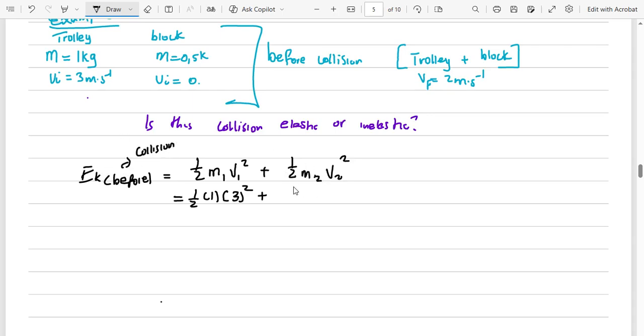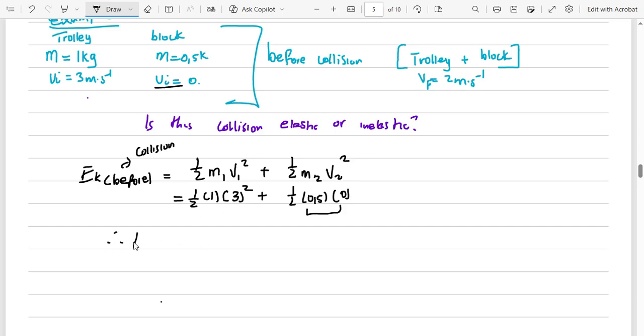Plus, for the second one, the mass is 0.5 and it has the initial velocity of 0. Understand? So this whole side is 0. So you just say 3 squared, that's 9. 9 divided by 2, that's 4.5.